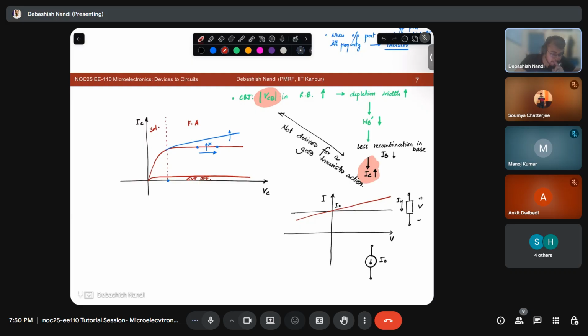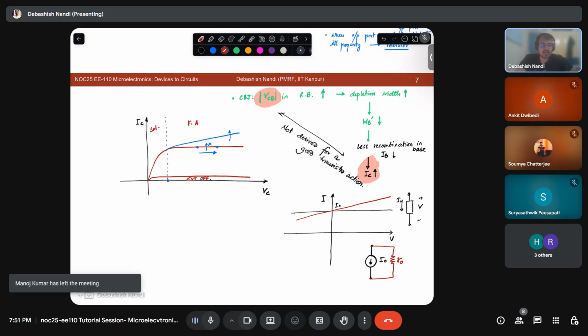Anyone? That is nothing but a current source in parallel to a resistance. That is a physical current source, okay? An ideal current source has a constant line, but a physical current source has a tilted line. It has a parallel resistance across the current source. So this is exactly what is happening in this case.